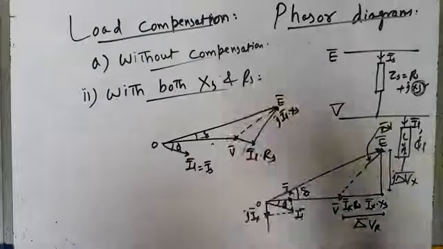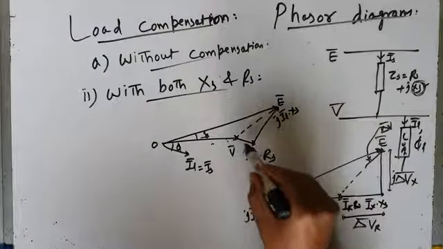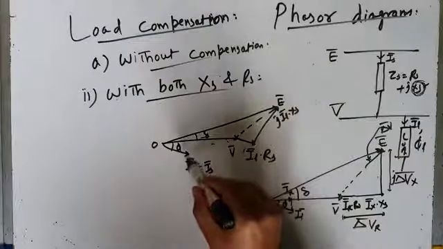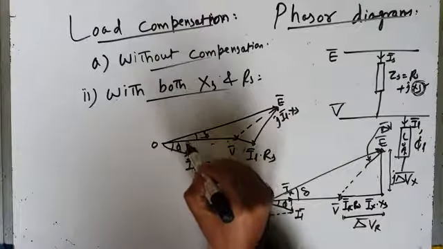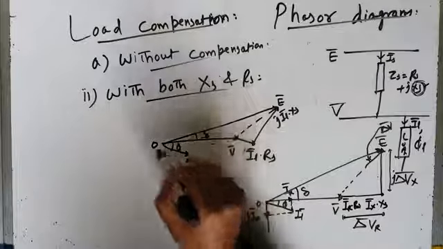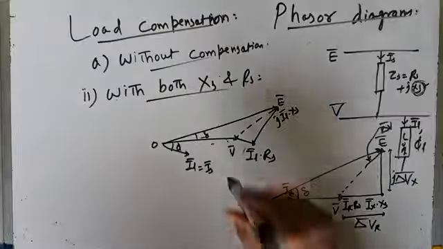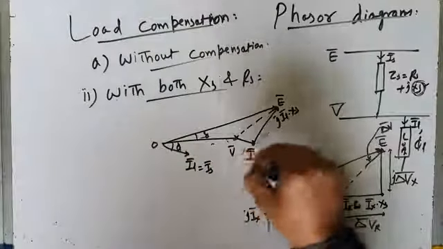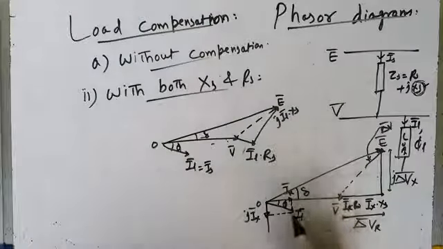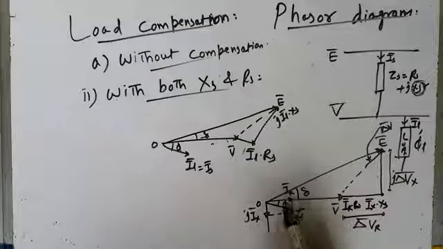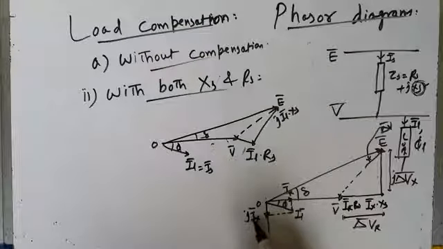The difference between the two phasor diagrams is that in this phasor diagram, I have not decomposed your load current into in phase and quadrature components. In terms of load current itself, I have given various drops and E. But in this phasor diagram, I have decomposed your load current into in phase component IR and quadrature component jIX.